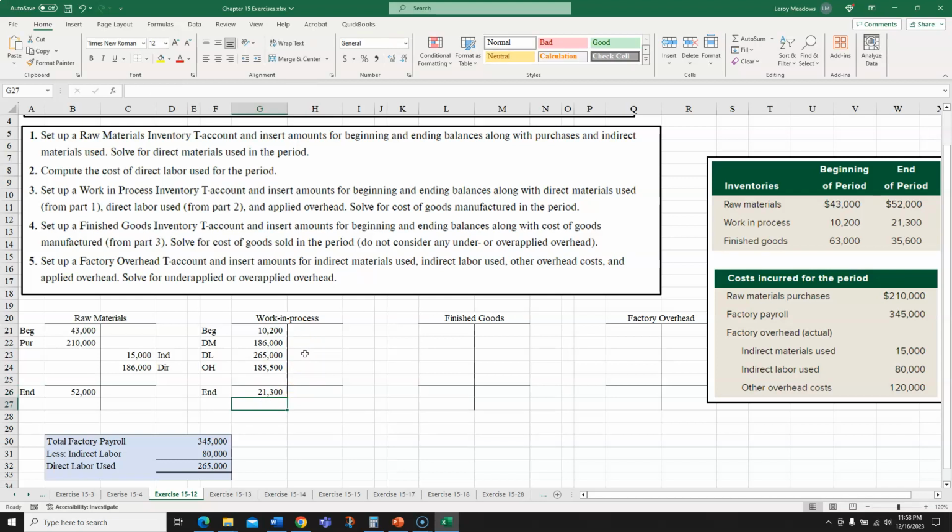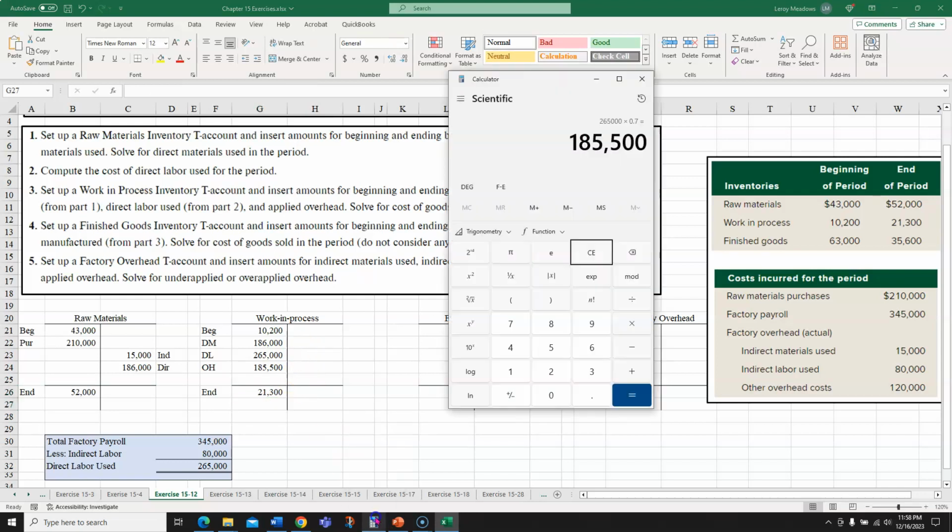So to solve for cost of goods manufactured, I'm going to approach it a similar way to how I did raw materials. Take my beginning balance, 10,200, plus my direct materials of $186,000, my direct labor of $265,000, plus my overhead applied of $185,500.